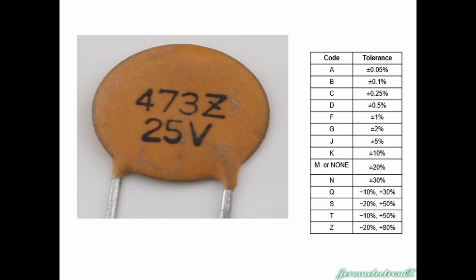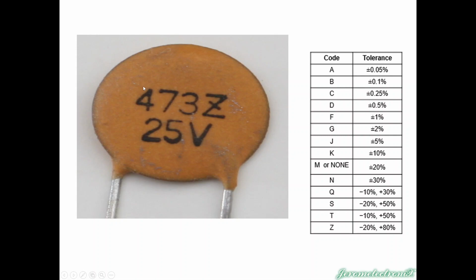This different component is called a capacitor, and this thing is a capacitor. The reason I'm jumping to this capacitor right now is because capacitors are read in a very similar way to resistors. Only instead of using color bands, somebody just said, we're just going to use numbers.